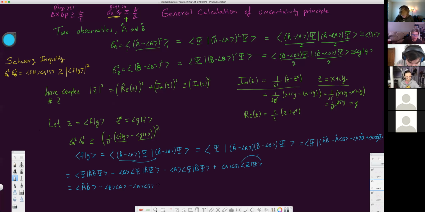Plus, I have another term: expectation value of A, expectation value of B. And so I end up with expectation value of A times B, and then minus expectation value of A, expectation value of B. So far, so good.